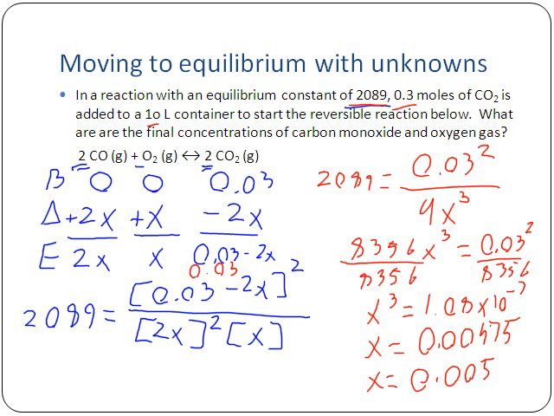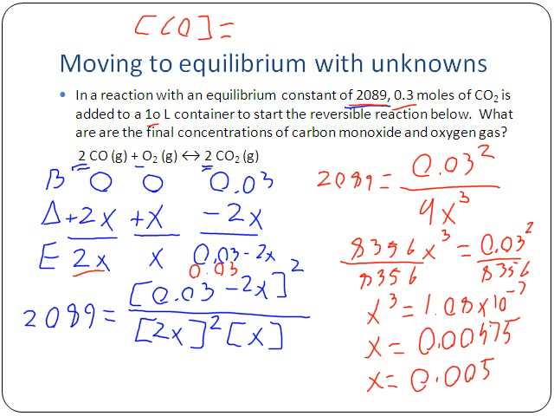Now that's my x, but the question asks for what the final concentrations are. And so if this is the final concentration here, we have to find them for all of them. For the carbon monoxide, it's 2x, which is basically going to be equal to 2 times this value right here.